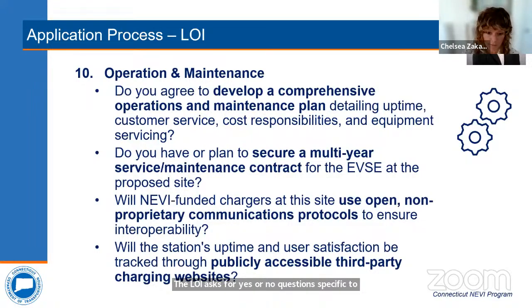The federal government has stated that each charging port needs to have an average annual uptime of greater than 97%. These uptime requirements will affect all federally funded chargers, and this is to help ensure that chargers are working when drivers need them to. It will be a requirement that all participants in the NEVI program will need to agree to uphold in order to be part of the NEVI program.